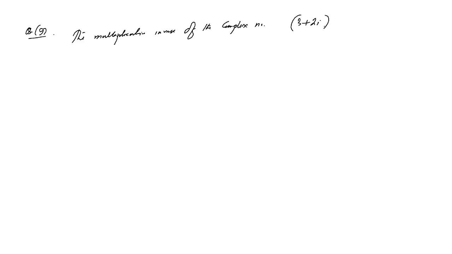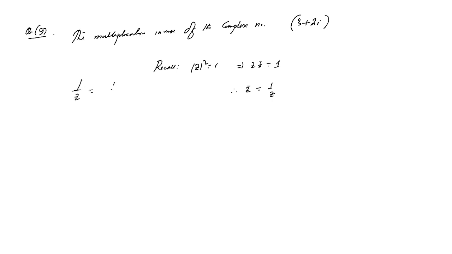What should be the multiplicative inverse? Just think about this basic recall: z times z bar equals mod z squared, so z bar by mod z squared is the multiplicative inverse, that is, 1 by z. So we need to calculate this 1 by z quantity.